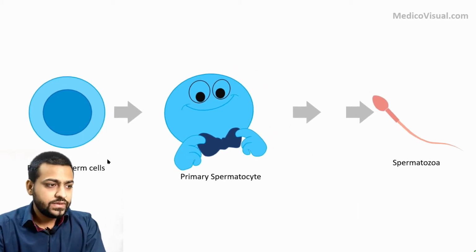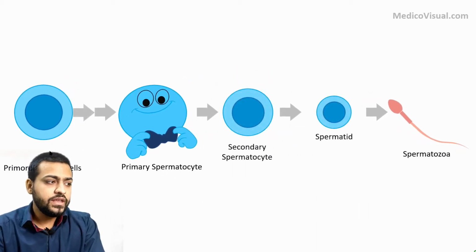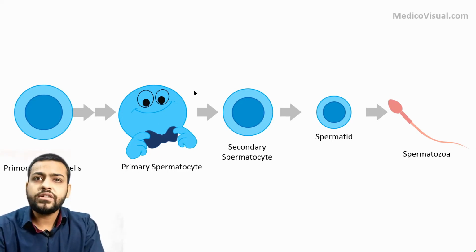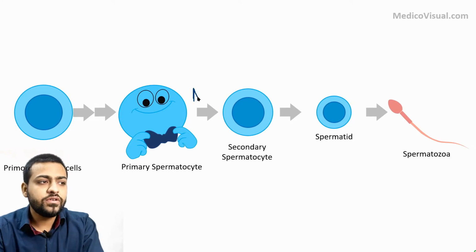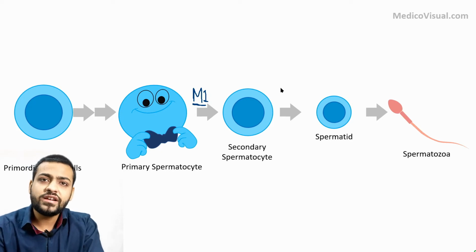Here again, after the primordial germ cell forms the primary spermatocyte, this primary spermatocyte will first undergo meiosis 1 and form the secondary spermatocyte, and then the secondary spermatocyte will undergo meiosis 2 to form the spermatid.